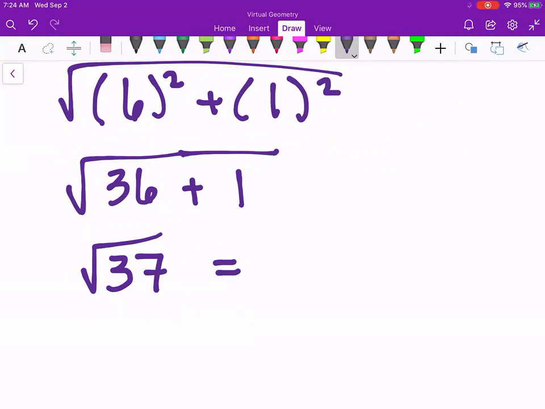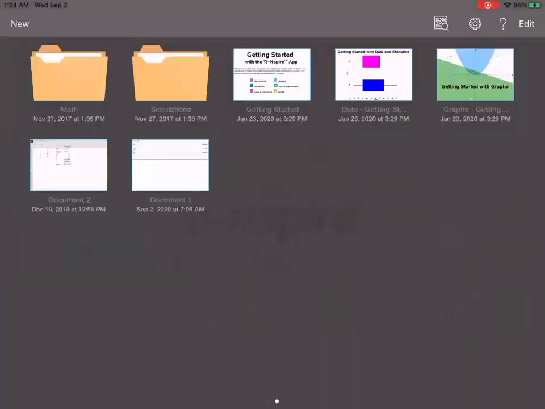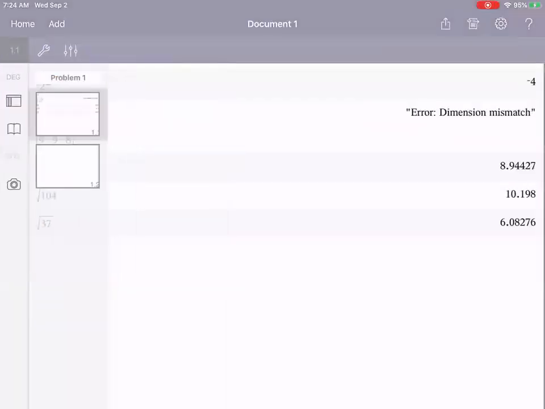gives us about, and again, we're going to round this off to 1 decimal point, about 6.1. So again, guys, before I leave, I do want you to see what those values look like in our calculators, so that you can see that, yes, we do in fact need to round here. So this last one, notice square root of 37 is there.